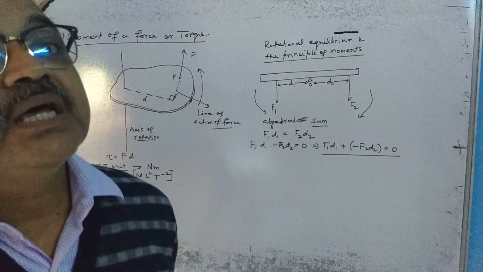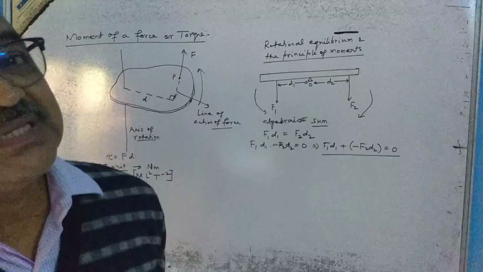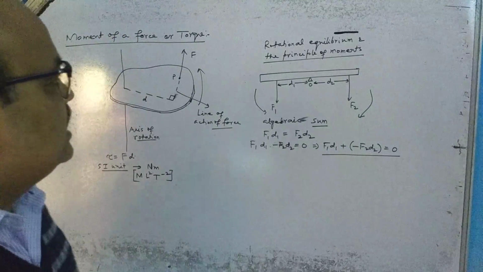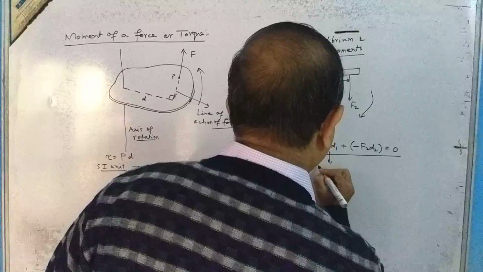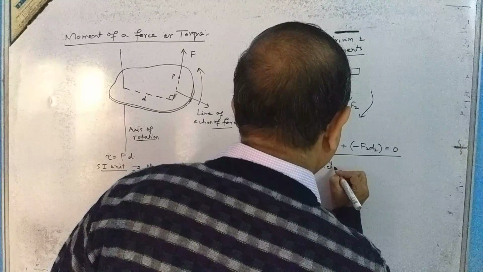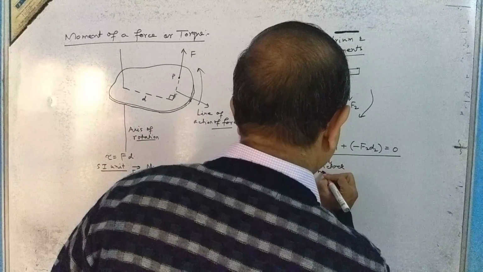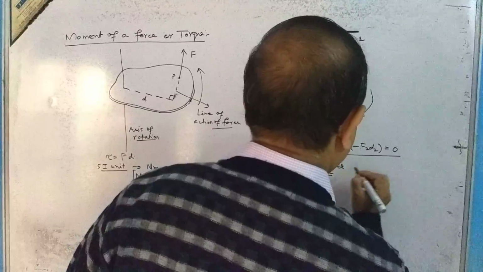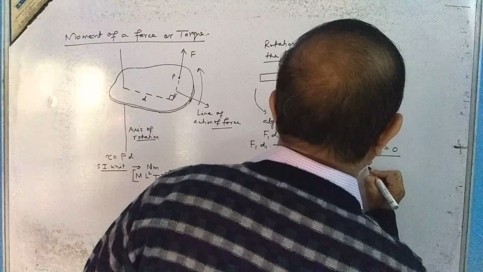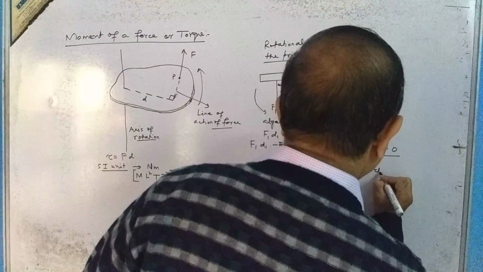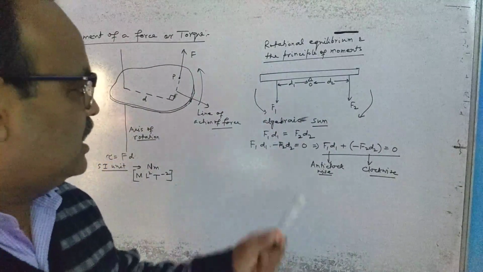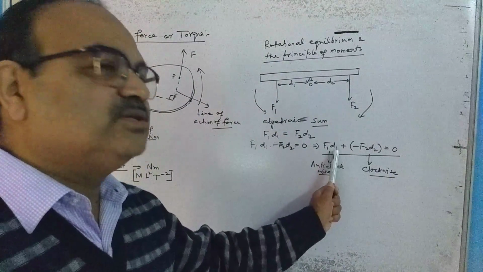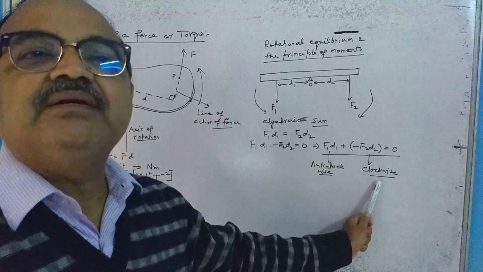Algebraic sum means the consideration of the sign. If I consider the anti-clockwise as positive, then the clockwise will be considered negative.